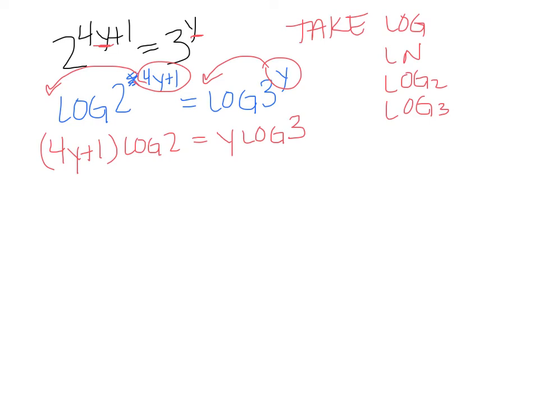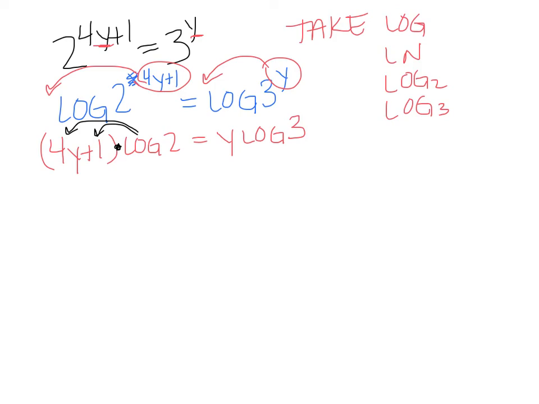Now I want you to remember one thing before we get too into the craziness of this problem. The log of 2 and the log of 3 are just numbers, so you can treat them like numbers. You can add them, you can subtract them, you can multiply them, and you can divide them. So in this case, I know that I can distribute the log of 2, and I can get that y out of the parentheses, which is what I ideally want to do in order to isolate y.